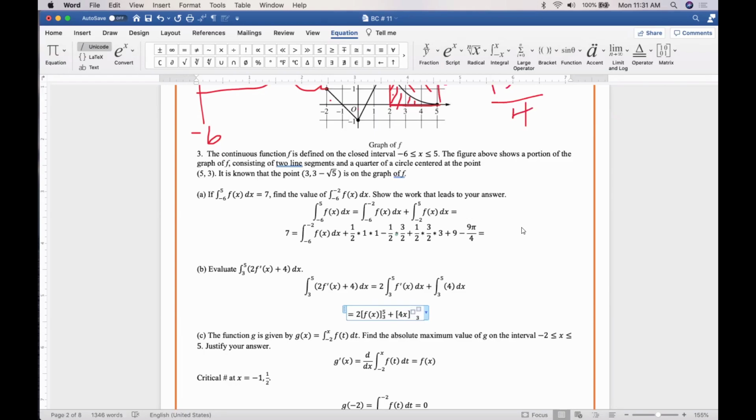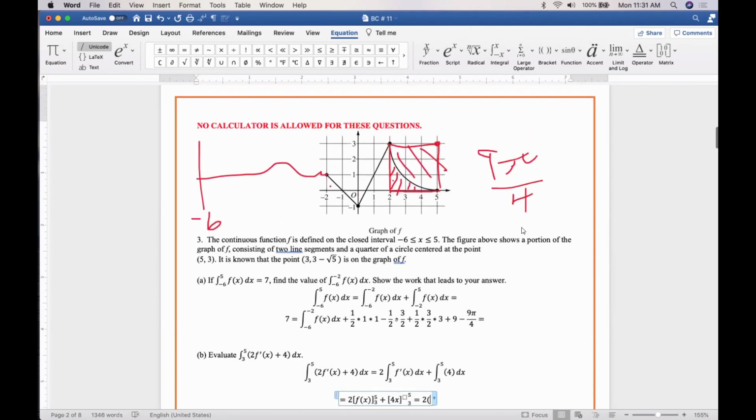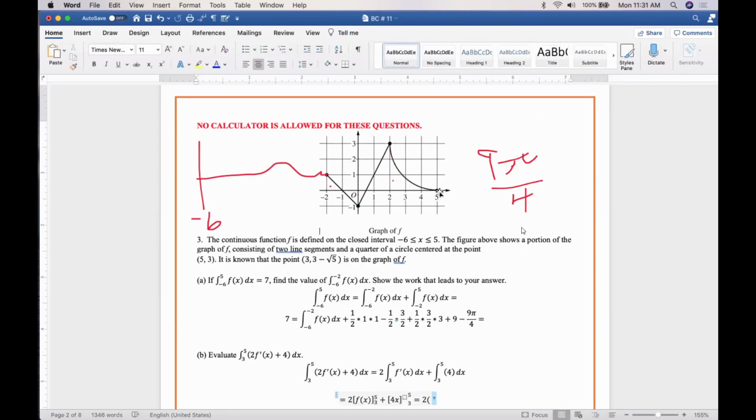3 to 5. Okay, equal to the first one, the value of the function at 5 minus the value of the function at 3. Okay, what's the value of the function at 5? 0. What's the value of the function at 3? Anybody know?